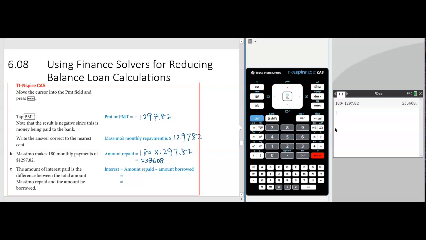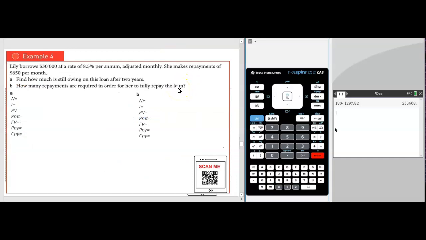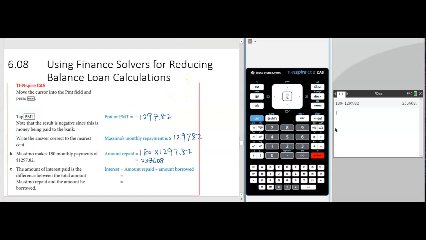Okay, now let's look at the C. They want you to find the amount of interest paid on the loan. How do you get the interest? You get the difference between the total amount paid and the original loan amount. So 233,608. What is the amount borrowed? 140,000.